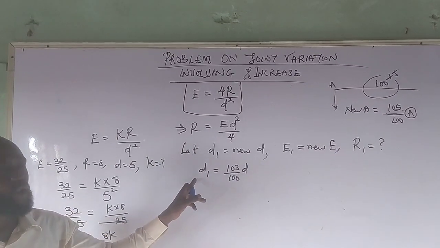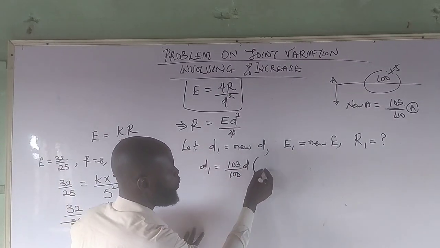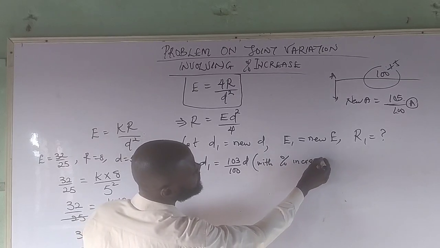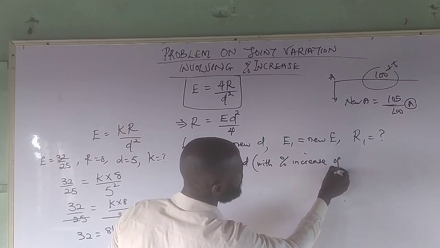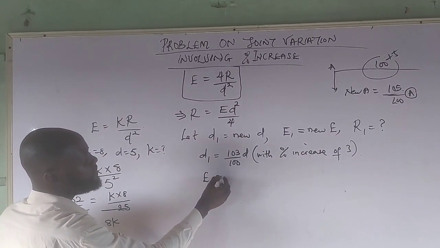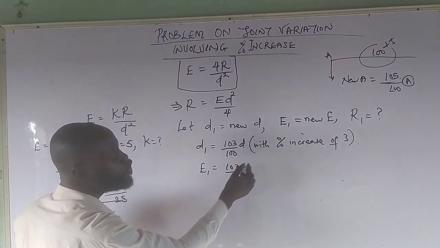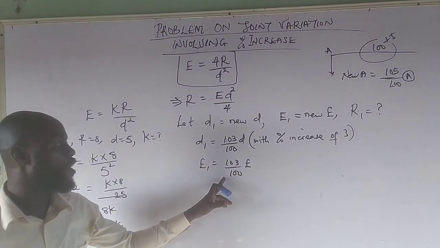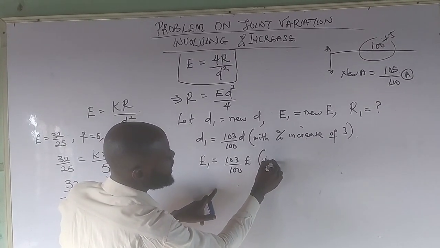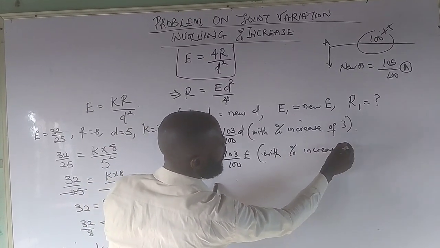So we are going to have D1 equals 103% of D, with the percentage increase of 3. Therefore, our E1 here is the same thing as 103% of the old quantity E, because of the percentage increase of 3.